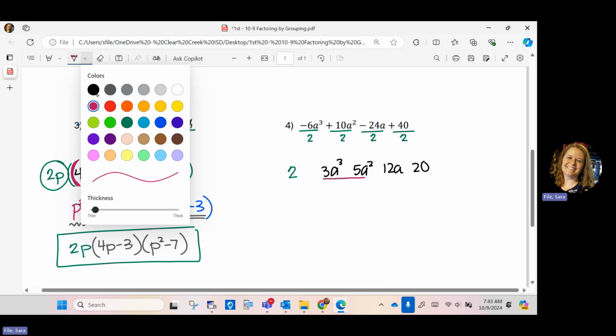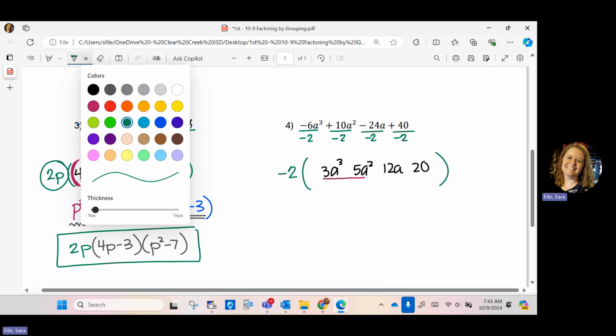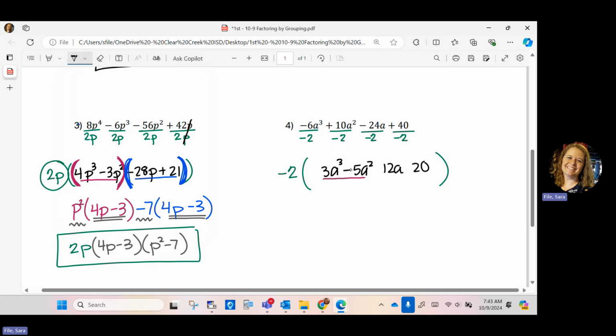It makes it a little more complicated. So instead of just 2, I'm going to take out -2 from everything, which is going to leave me with a positive 3a cubed, and then that would be a negative 5a squared. That would become a positive 12a, and then that would be a minus 20.